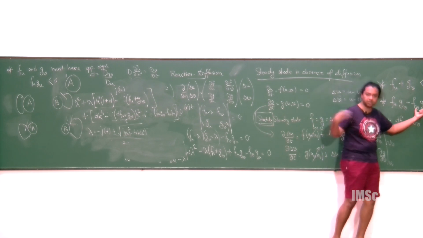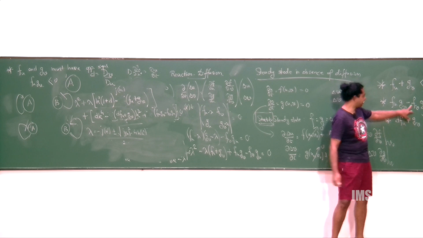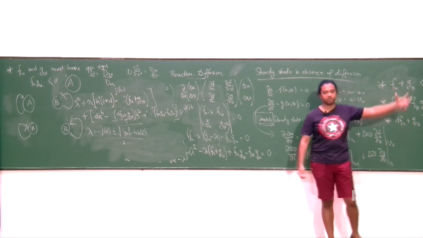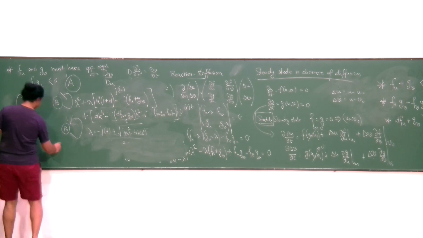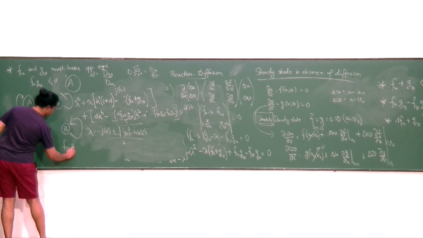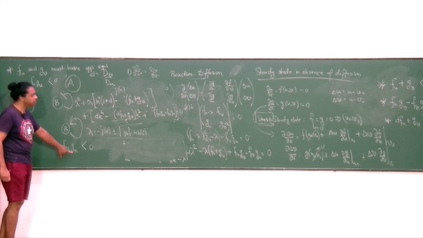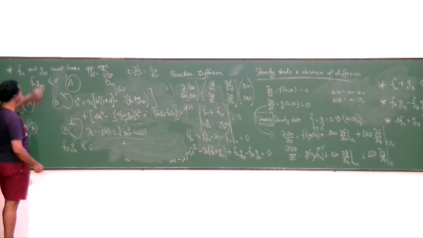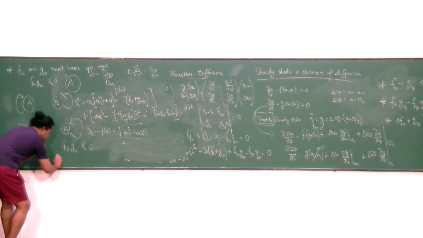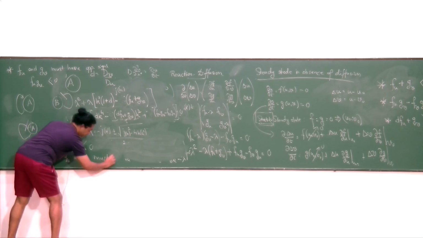Therefore the second term must also necessarily be negative. fv gu also has to be less than 0, so that it can overcome this part and give a positive result. So together that means fv gu has to be negative, which means that fv and gu must also have opposite signs. So not only must fu and gv have opposite signs, but fv and gu must also have opposite signs.